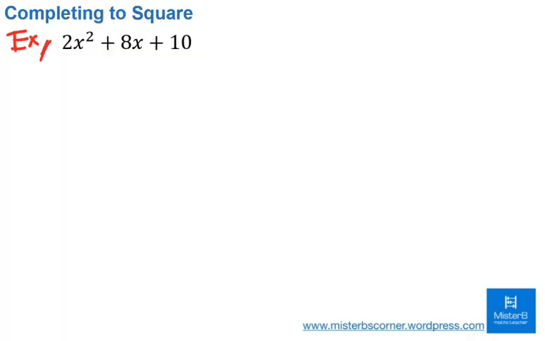In this example, you can see that we have a 2 here in front of the x squared term. So it is easier to get rid of that. How? I'm going to take 2 as a common factor outside the bracket, so it's going to be x squared plus 4x plus 5.